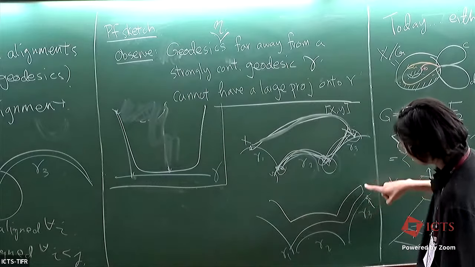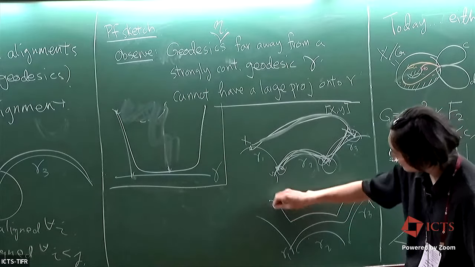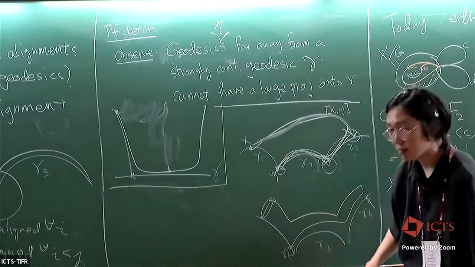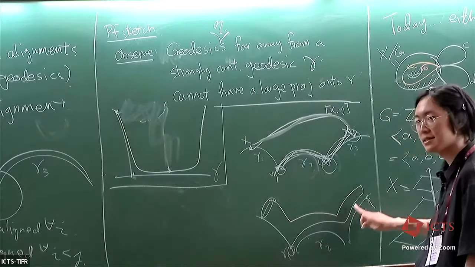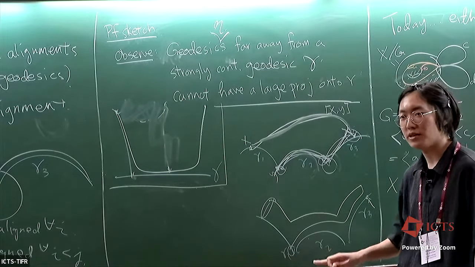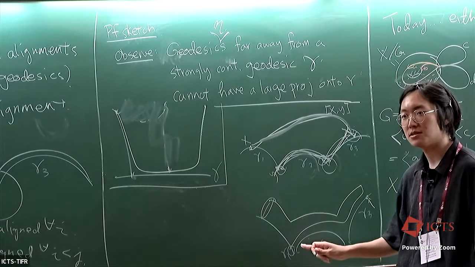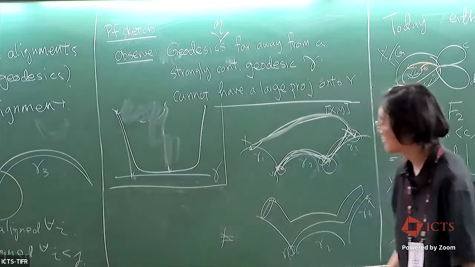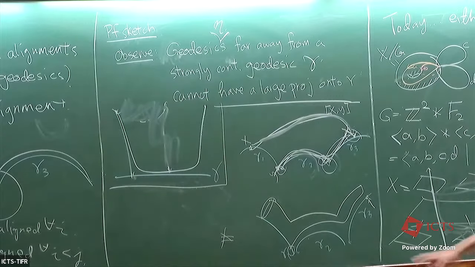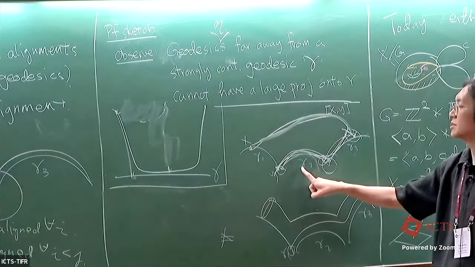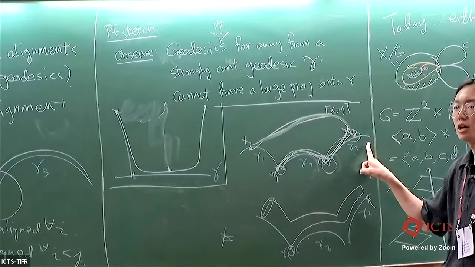The length of the total path is not only almost the length from here to the ending point of gamma 1, but you have excess length as well. This is not the case for geodesics, hence the contradiction. Hence, any point on gamma 1 cannot have a projection that's sufficiently far from the projection of gamma 2 on gamma 3.